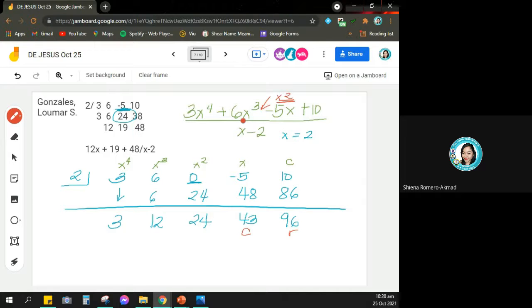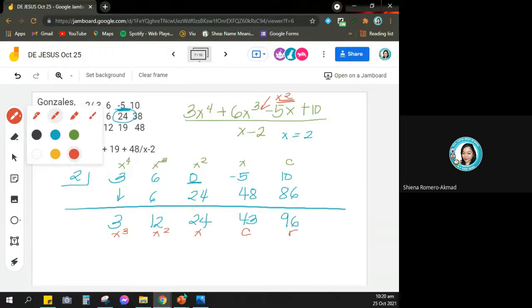Ito yung constant. Ganun ulit, variable x squared, and then x cubed. Okay, para hindi kayo malito, pwede nyo naman gawin to. Maglagay kayo ng palatandaan.